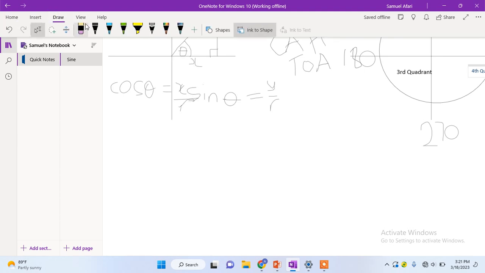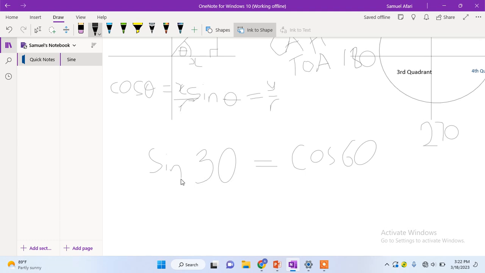Okay, let me write that. So sine 30 is the same as cos 60. You know that 30 and 60 are complementary angles since they add up to 90. You get it?